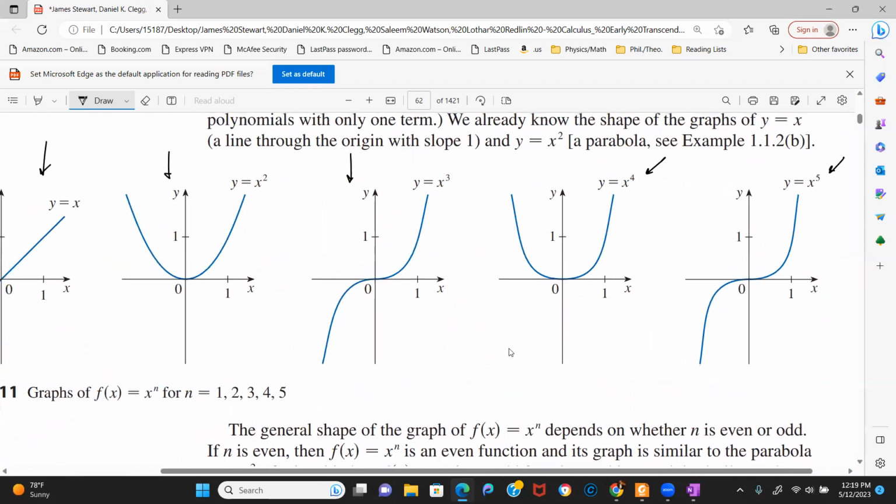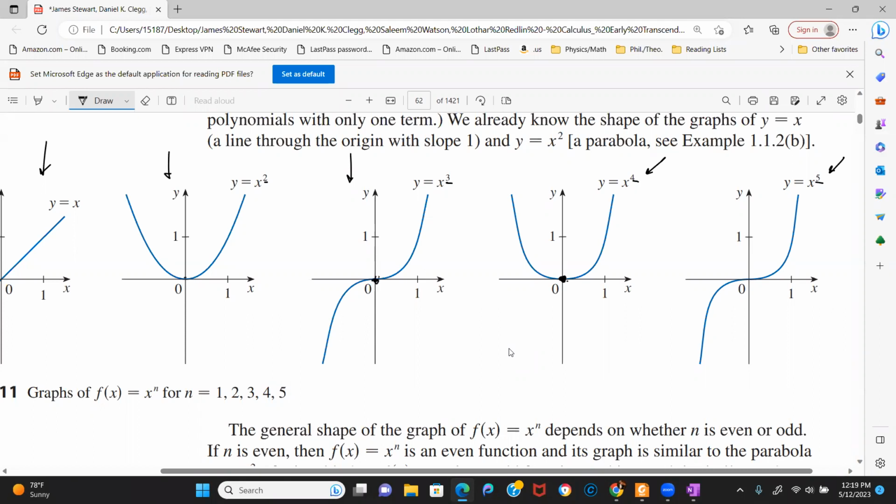Basically what happens when you have x to an even number, you have this parabola looking shape. But as the even number gets larger, you can see it flattens out near the origin. And then you have the odd case, x cubed, x to the fifth. They all look the same. X to the seventh looks roughly the same.